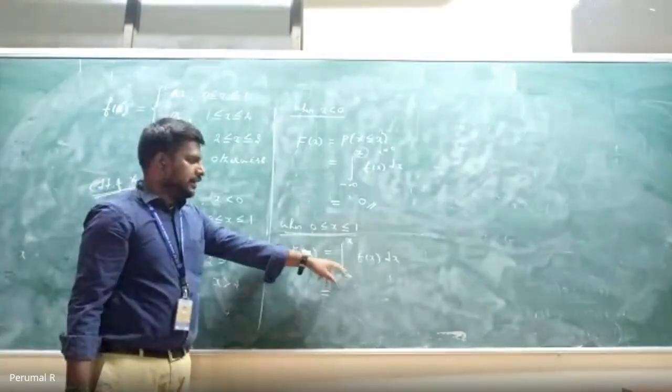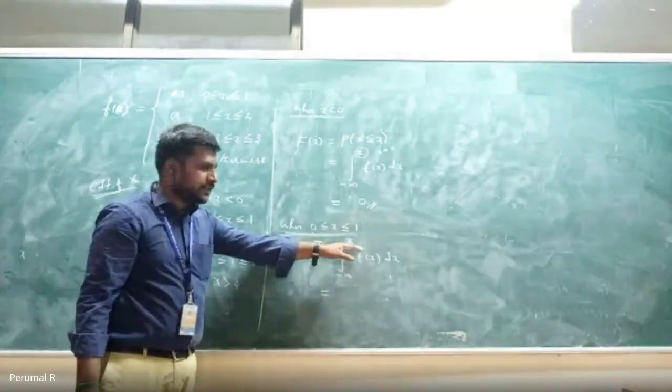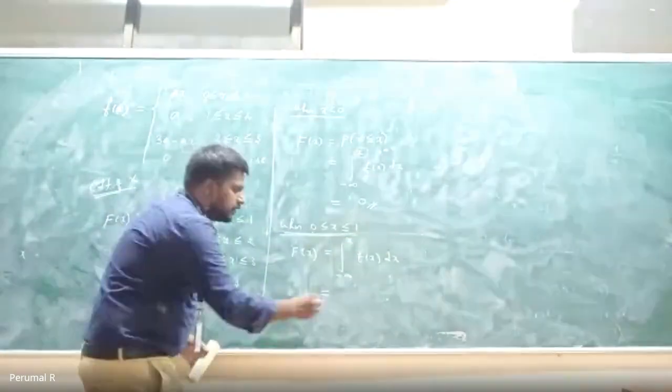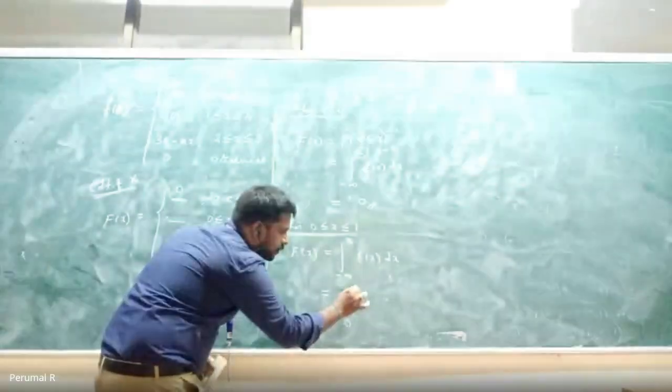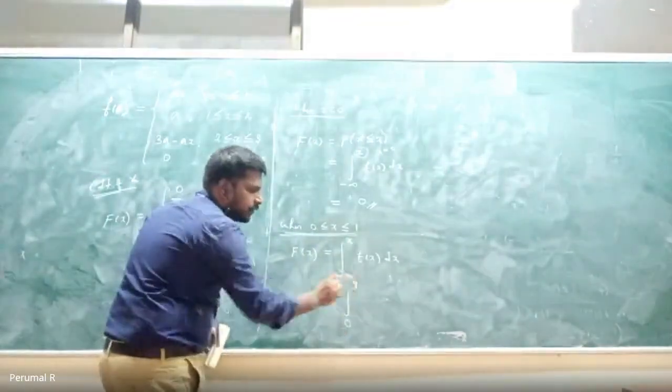So minus infinity to x, where x varies from 0 to 1, is written as minus infinity to 0, 0 to 1, and 1 to x. But here the function value from 0 to 1 is what matters, so don't write all the intervals. You are writing only 0 to 1.